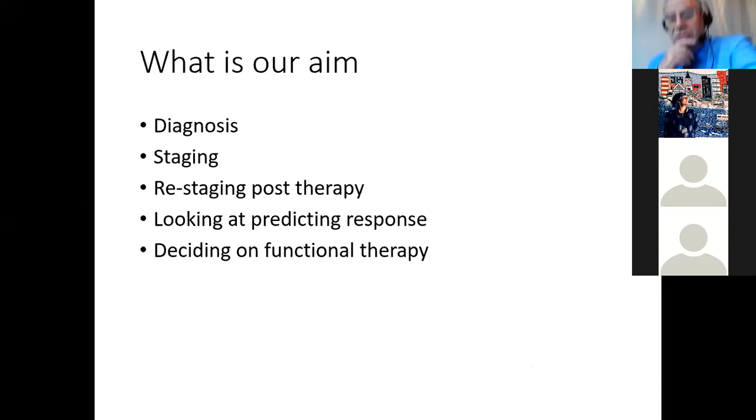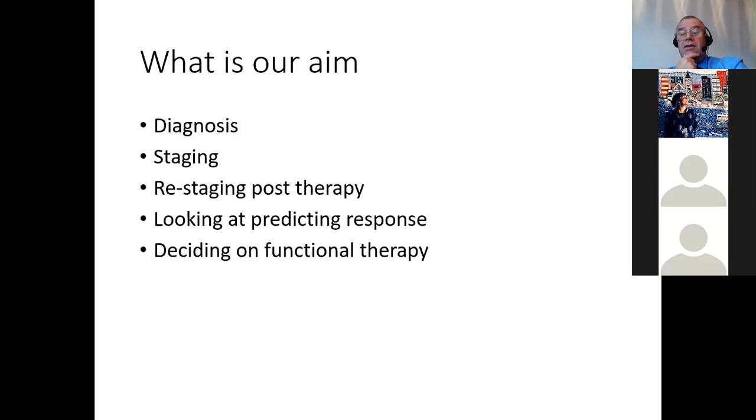A very interesting area will be predicting response. Can we use nuclear medicine techniques to say, yes, if you give this particular treatment, you're likely to get a response? That's very interesting because anatomical imaging is not terribly good at this predictive thing, because it can't really look at cell function.